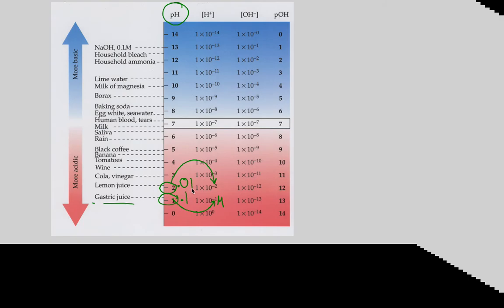The idea, guys, that these numbers are the exponents, but because they are negative exponents, it's actually making the decimal smaller. So when you get up here to something like coffee, it's acidic. It's pH 5. What that means is 0.00001 molar, which is 1 times 10 to the negative fifth molar. You get the idea? Okay, but now guys, watch this.